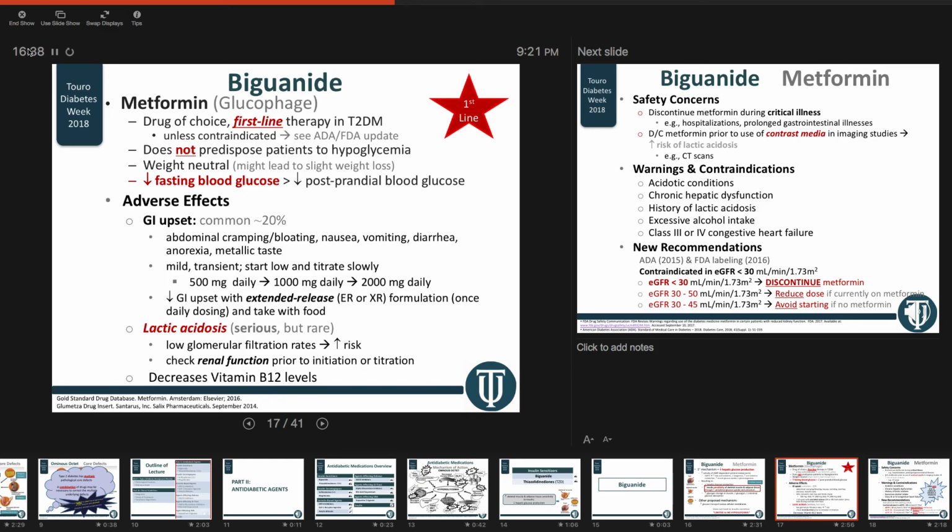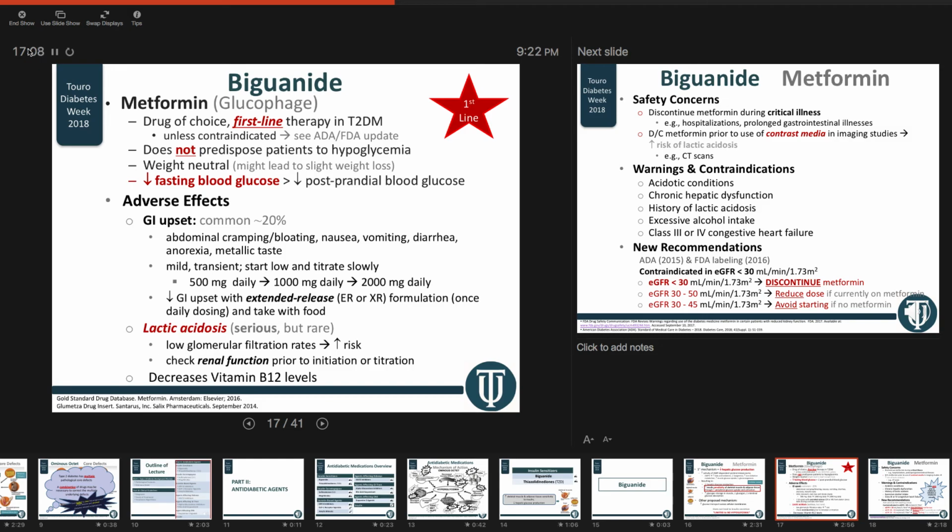However, we saw a little bit of weight reduction in some patients. In terms of the glucose reduction effect, metformin impacts fasting blood glucose more than postprandial blood sugars.